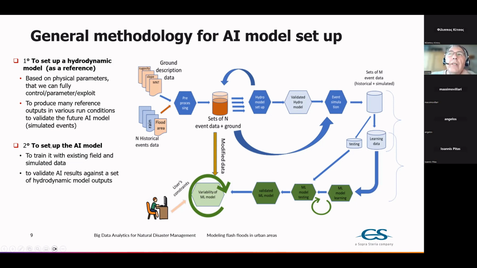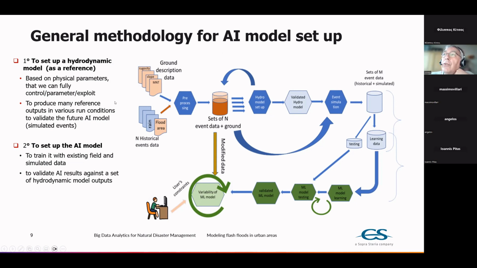And the second phase is to set up the AI model based on the data, of course, and to verify the results against the hydrological model with different circumstances, different events.